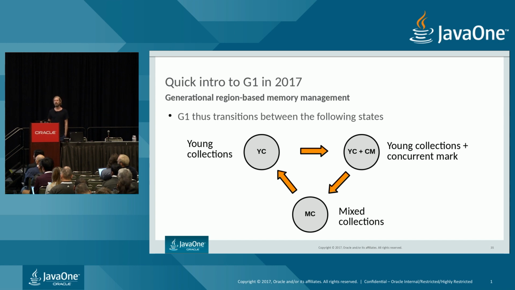After a while, as the heap is getting more and more full, a concurrent mark cycle will be started. The concurrent mark cycle is not only running concurrently with your application, there can also be young collections happening while the concurrent mark cycle is running. Once the concurrent mark finishes, G1 transitions over into doing mixed collections, and once there are no longer any suitable regions to collect, it will once again transition back to doing young collections, and so the cycle repeats.